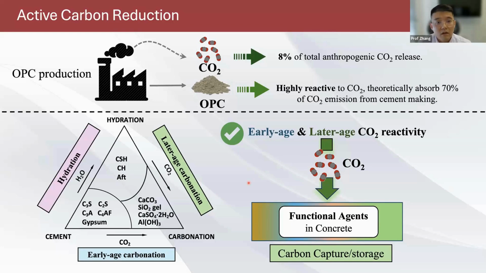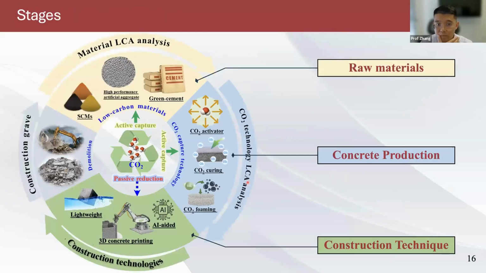Okay, and this circle shows basically the outline of today's talk. Starting with materials, different raw materials will be developed using solid waste from the construction graveyard. For example, we will create a novel green cement using solid waste, and this green cement will have a way lower carbon footprint because we are targeting a different phase.